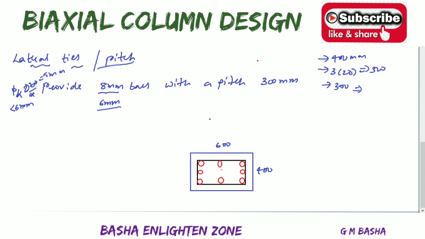Then you have to draw and provide the stirrups, the lateral ties, like this also for these 4 bars. So the first 4 bars will be like this, so for 4 bars it will come like this, and again you can provide like this, and for these bars it can come like this.